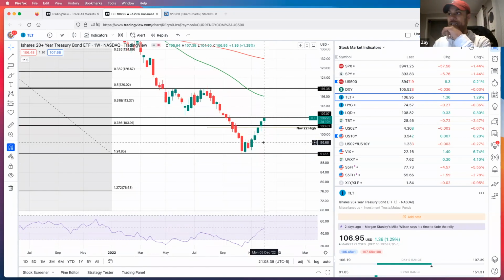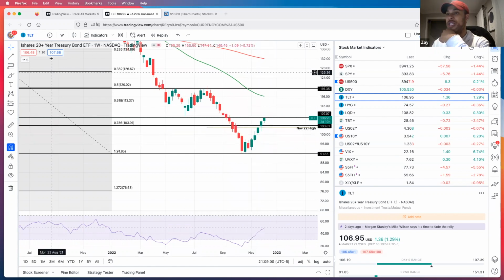And as you can see this week, the market is down, and yet the bonds are still up. So there's a slight divergence there. Now the bonds are seen as safety, and equities are kind of selling off. So bonds are still showing strength to me right now, at least the TLT, right?